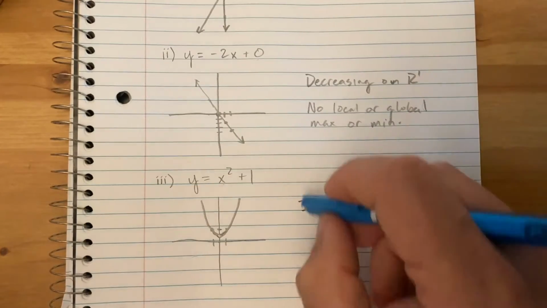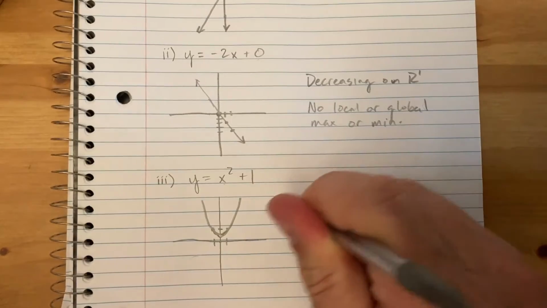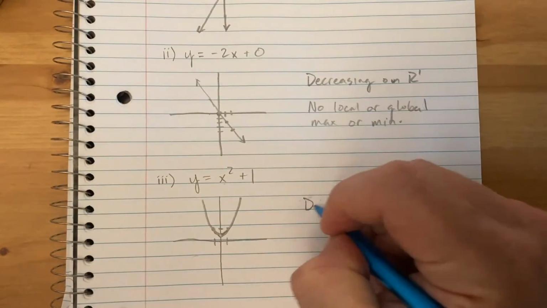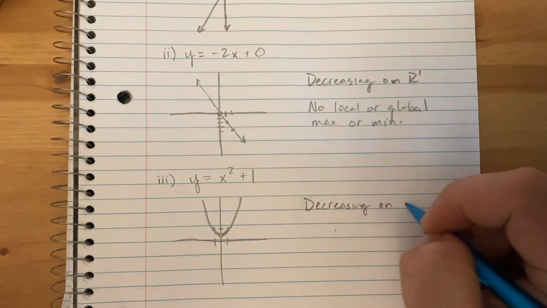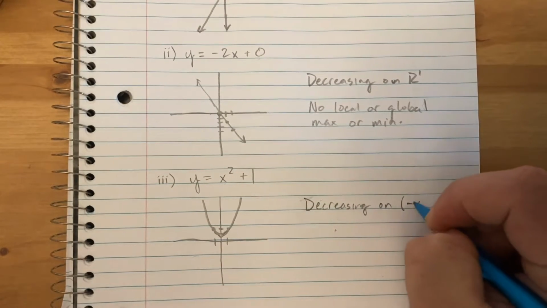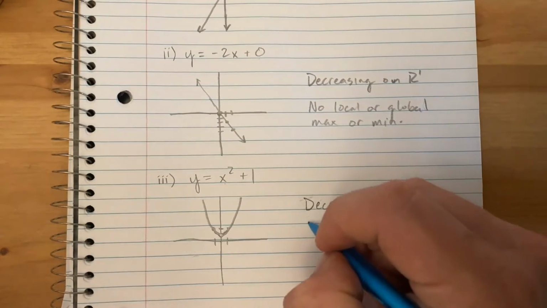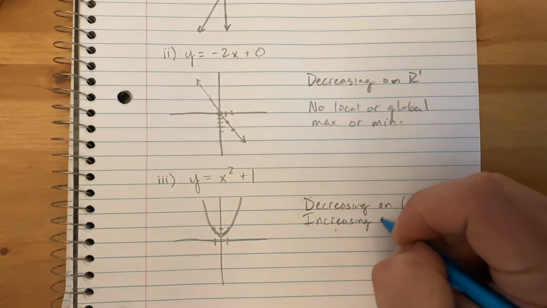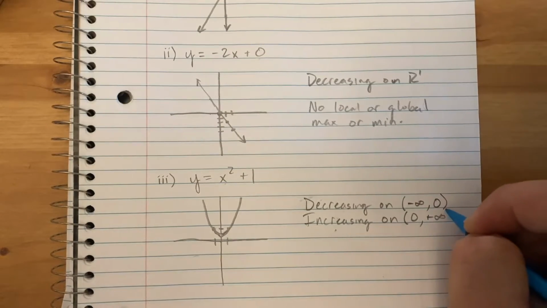Okay, so let's see. I'll start with decreasing, actually. Go from -infinity to +infinity. So decreasing on the interval negative infinity to 0 and increasing on the interval 0 to positive infinity.